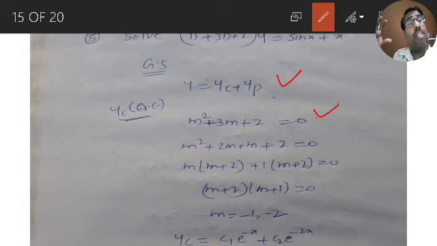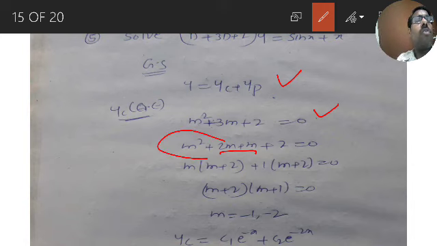Now factorize. The auxiliary equation is a quadratic equation. Factorize and find the roots. Depending on the nature of roots, you can write yc. So 3m can be written as 2m plus m. Why? If you add 2m and m you get 3, and if you multiply you get 2 into 1, that is 2. From the first two terms take m common, you get m into (m plus 2).